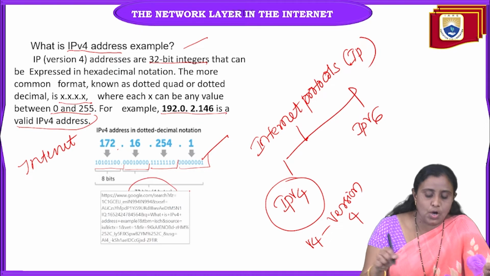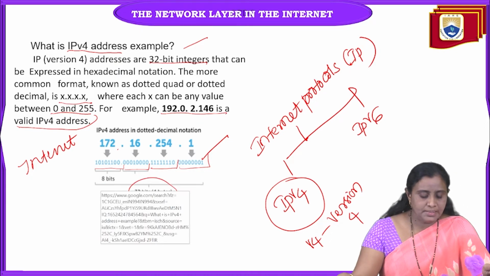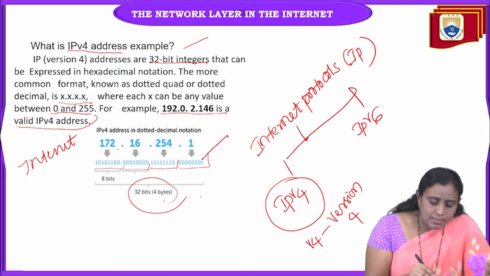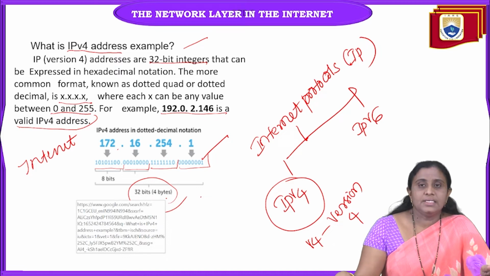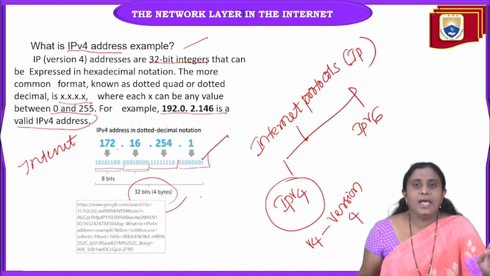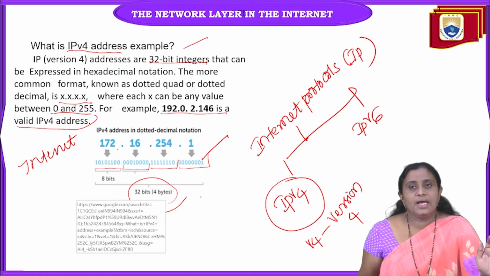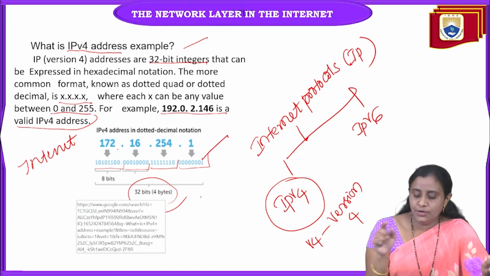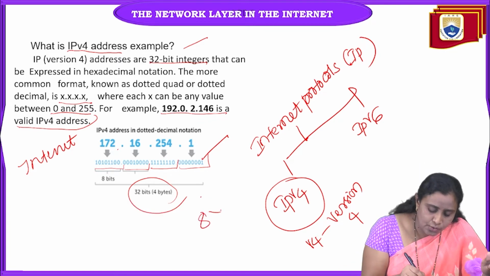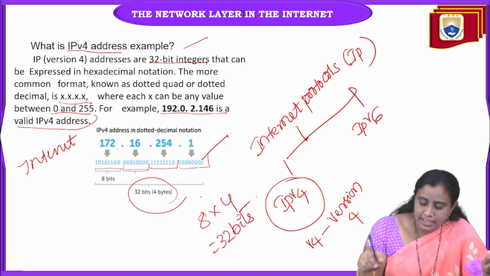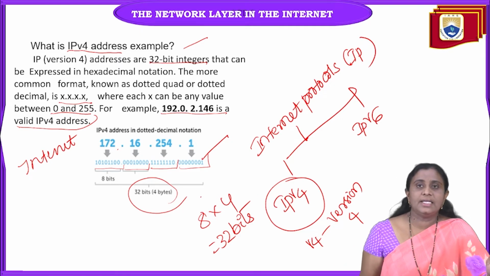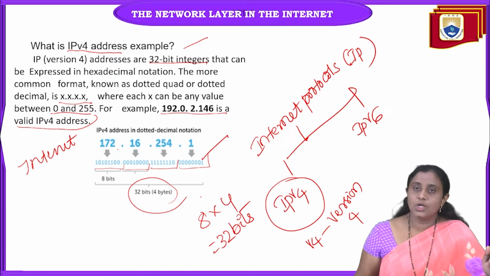The IPv4 address consists of 32 bits, with 4 parts present. Each part consists of 8 bits, 8 into 4 is equal to 32 bits. Hence, an IPv4 address consists of 32-bit integers that can be expressed in hexadecimal notation.